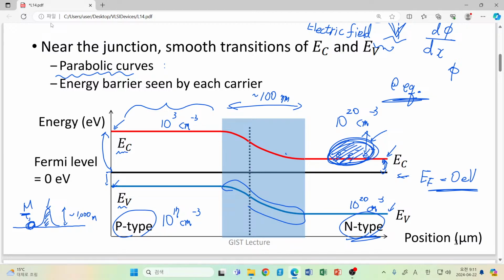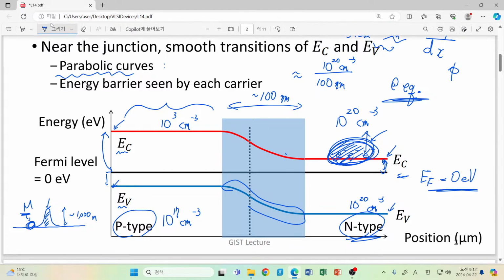So what happens? The gradient of our density is quite steep: 10 to the 20 per cubic centimeter, occurring in just 100 nanometers. That is a really steep gradient.